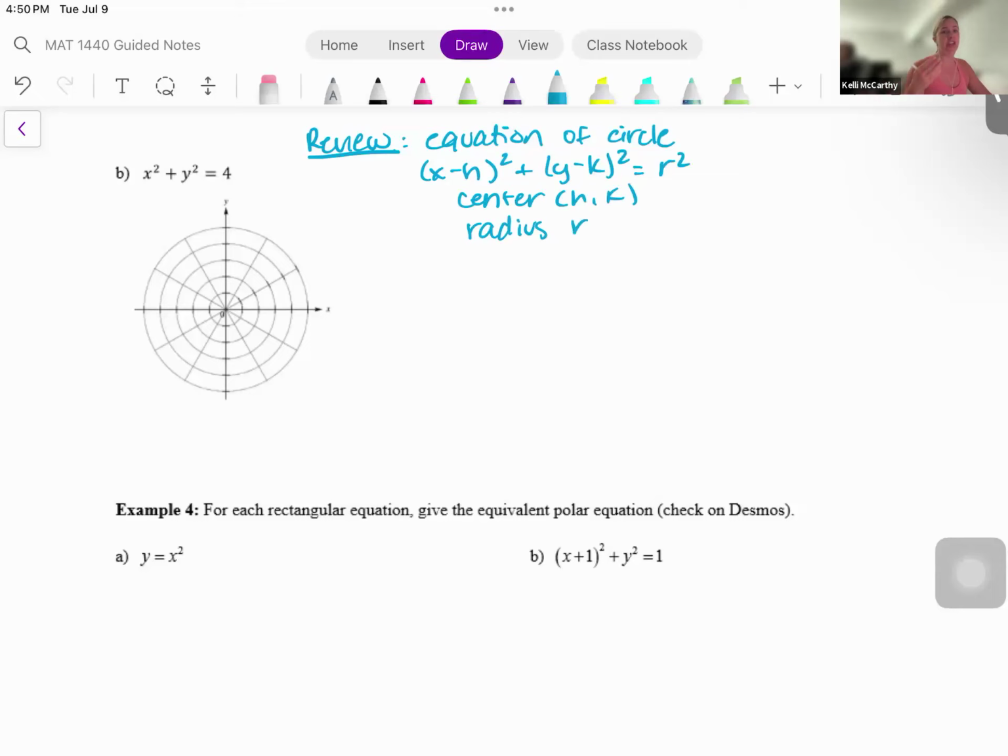So looking at our equation, x squared plus y squared equals 4, this is the equation of a circle centered at the origin with a radius of 2.